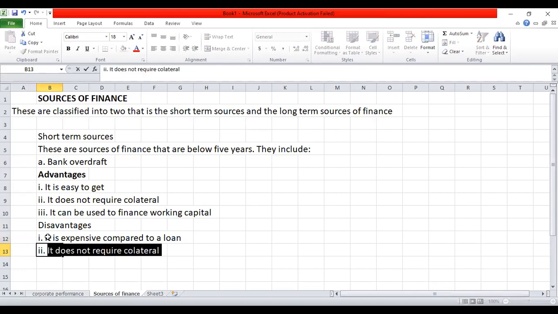Number two, it doesn't have a fixed payment period.